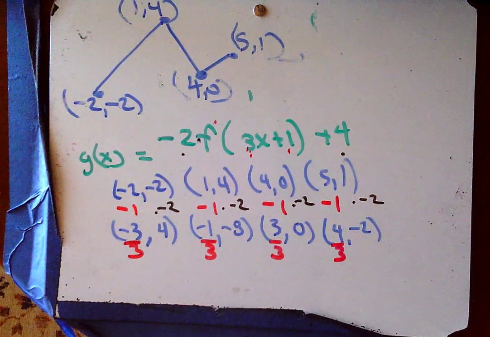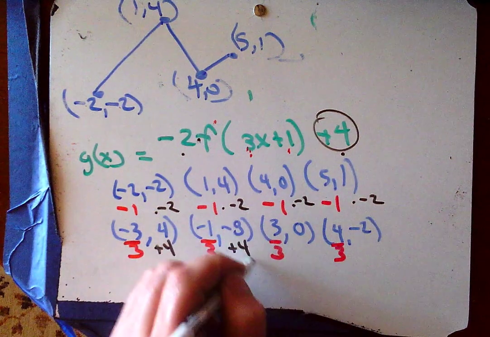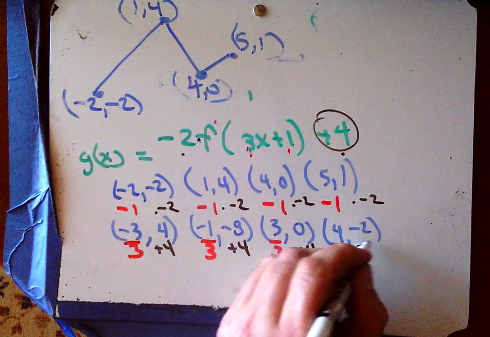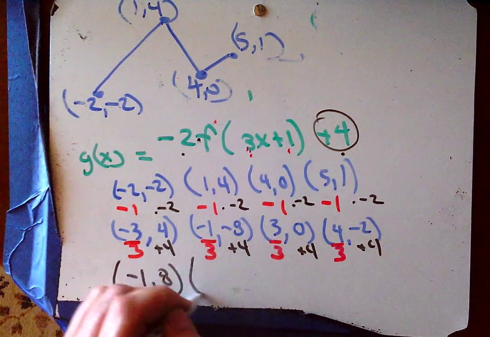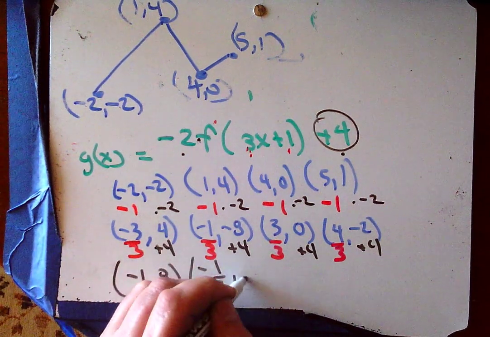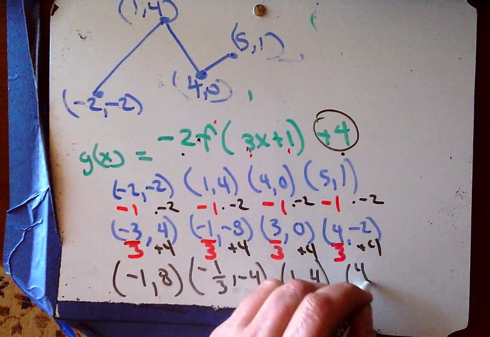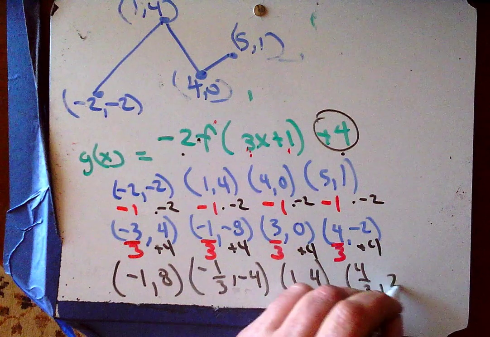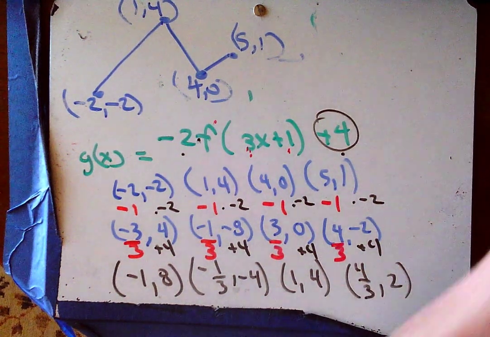And I need to add 4 to all the y's. So I end up with -1, 8, -1/3, -4, 1, 4, and 4/3, 2. Okay, well, let's see about graphing this.